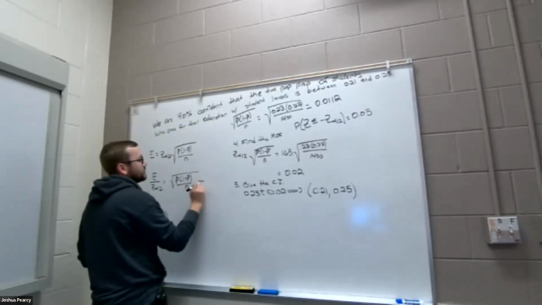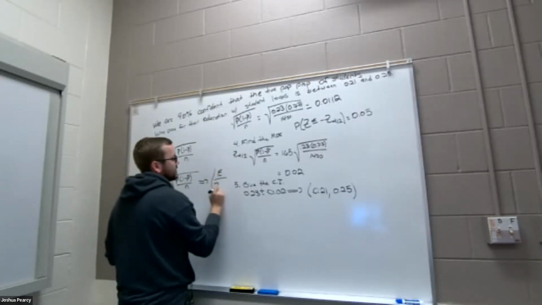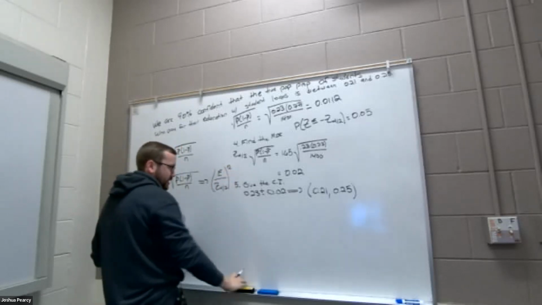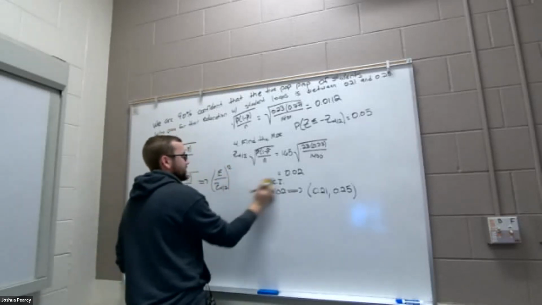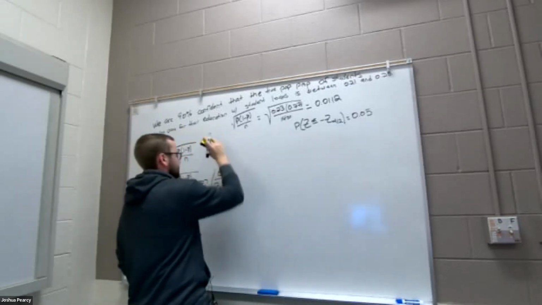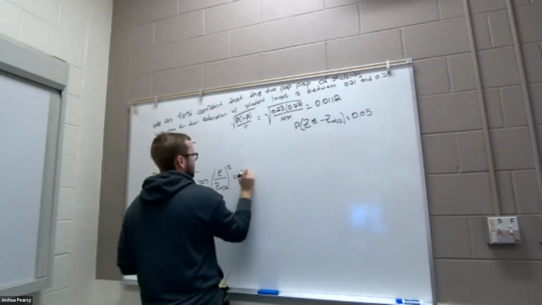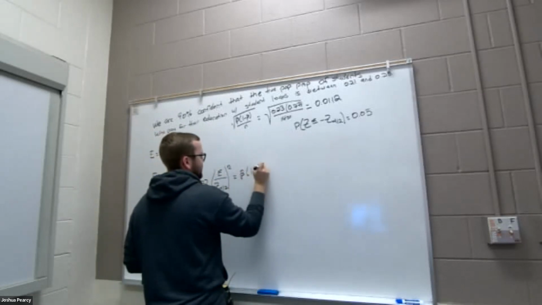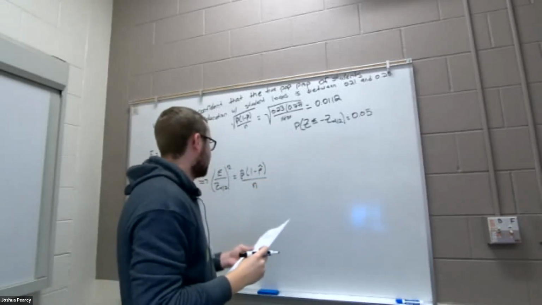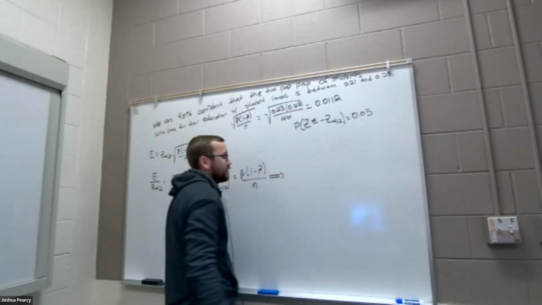You get E over Z alpha over 2, squared, is equal to p hat times 1 minus p hat over n. Now, what's the easiest way to solve for n?